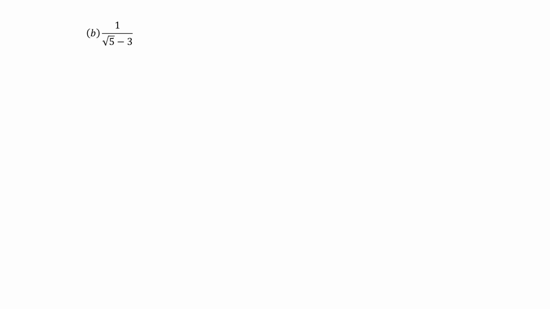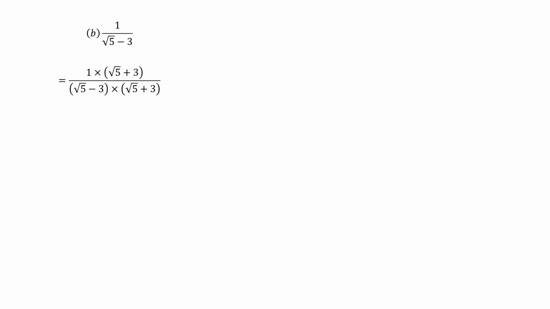For part B, we are told to rationalize the denominator. You can first think of the conjugate surd of that denominator. After thinking of it, I hope you have written it somewhere. We are going to multiply it in both the numerator and the denominator.